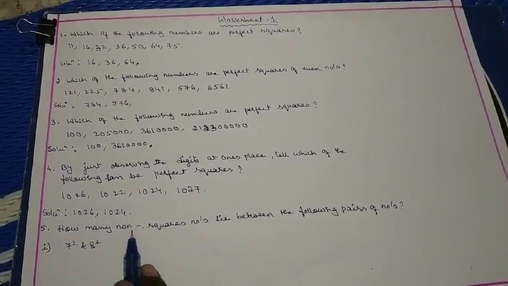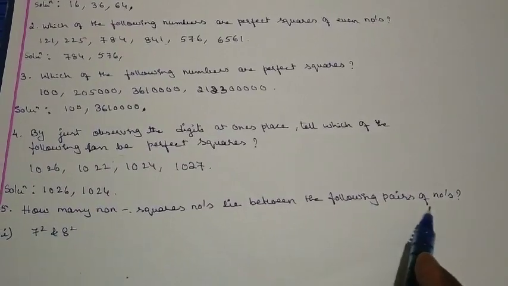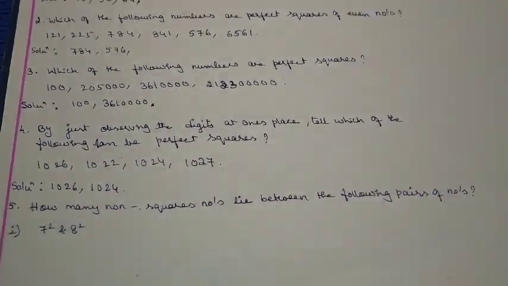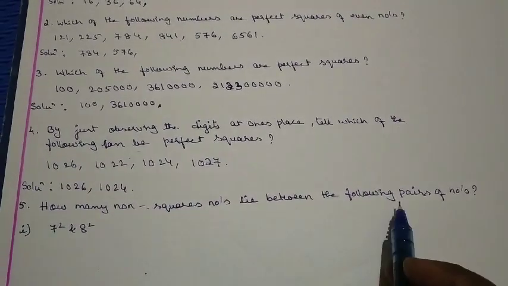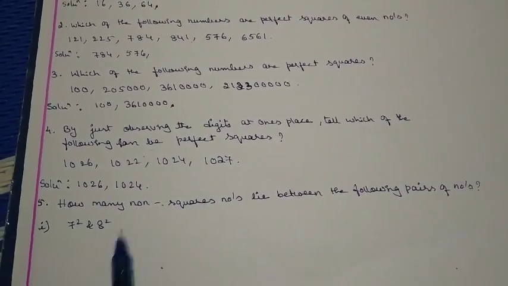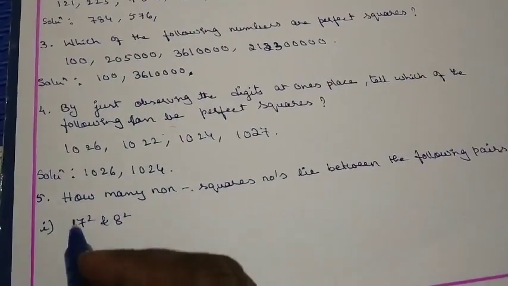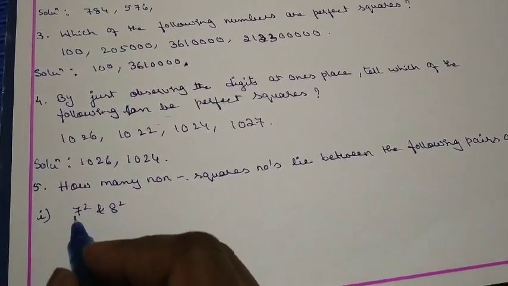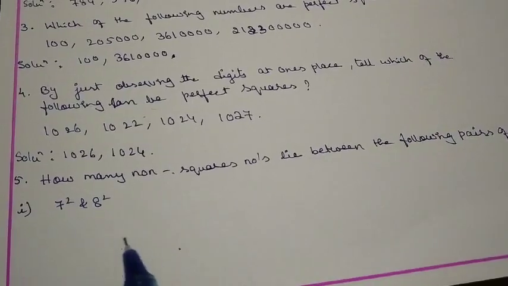Next, how many non-square numbers lie between the following pairs of numbers? So we need to identify the number of non-square numbers that lie between the pair of numbers. Here the numbers given are 7 square and 8 square. We know that 7 and 8 are consecutive numbers and we take their squares.